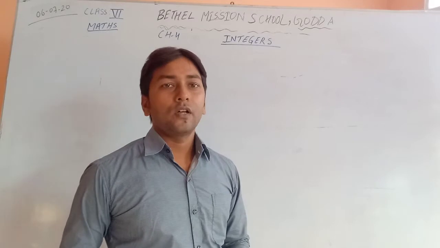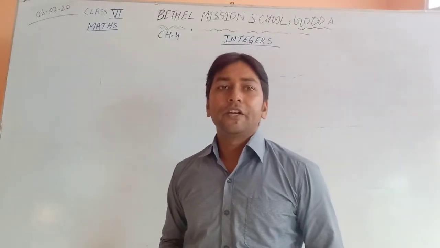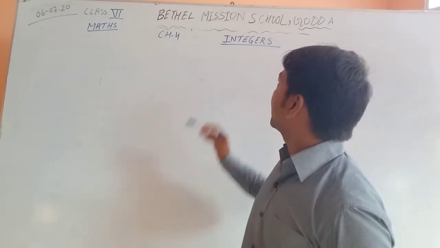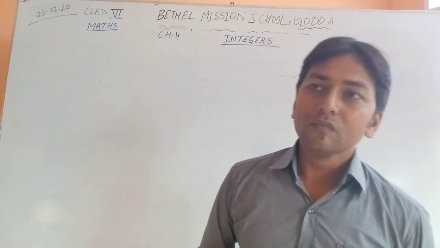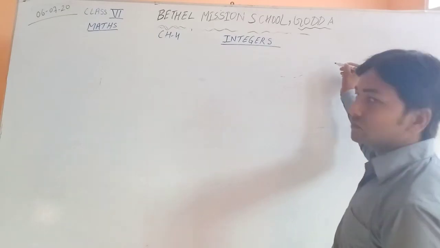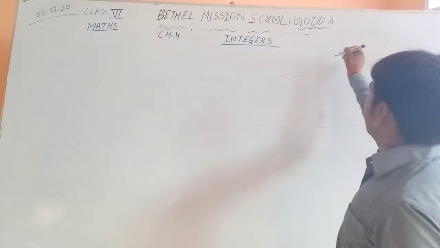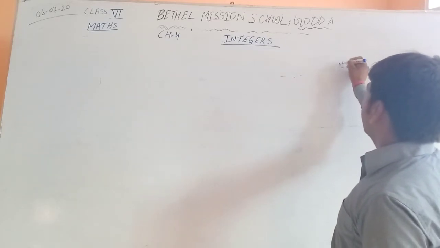Today I am going to solve maths of class 6. Here we will be introduced to a new chapter, integers. As you know, we have read about whole numbers, and before that we studied natural numbers first.